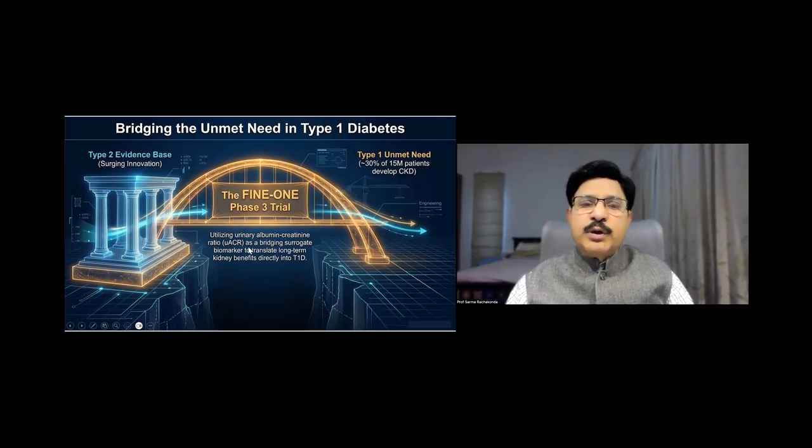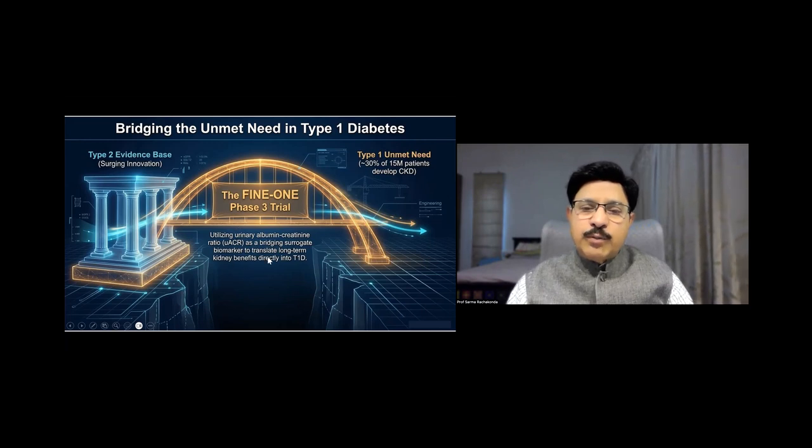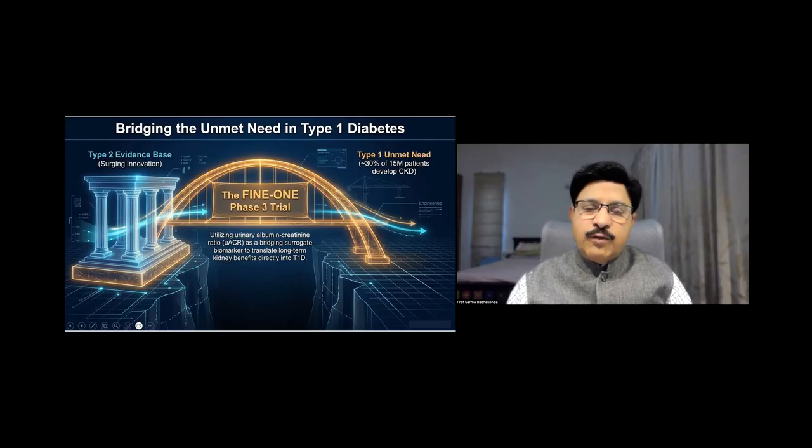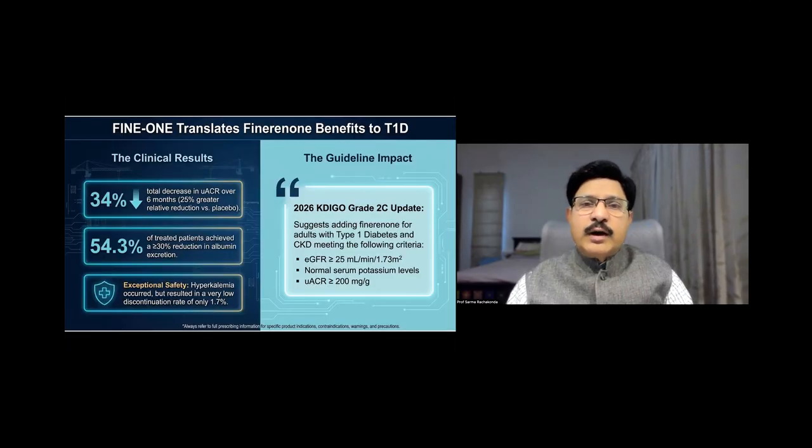Utilizing the urine albumin creatinine ratio as a bridging surrogate biomarker to translate long-term kidney benefit directly into type 1 diabetes also. What you have to do, every type 1 patient, you must look at the albumin creatinine ratio every 1 year, starting from the 5th year of diagnosis. Now, FINE-ONE translates finerenone benefits to type 1 diabetes also.